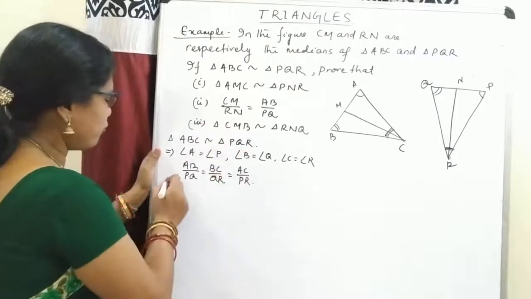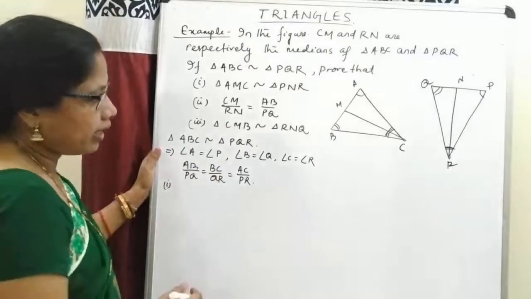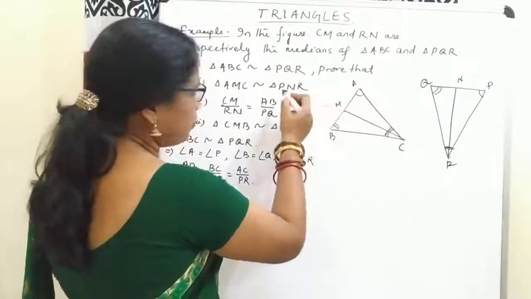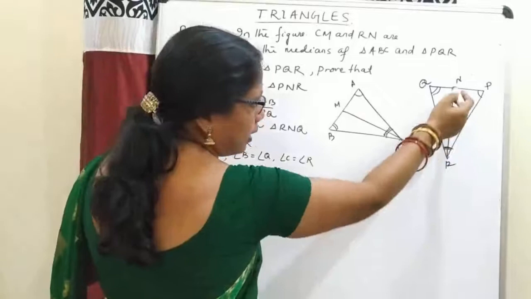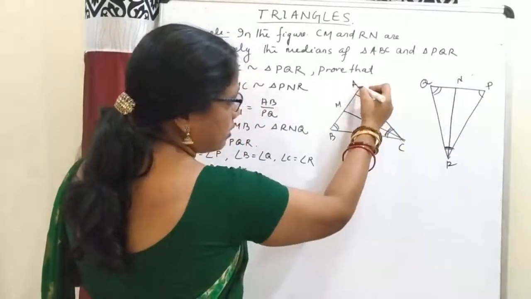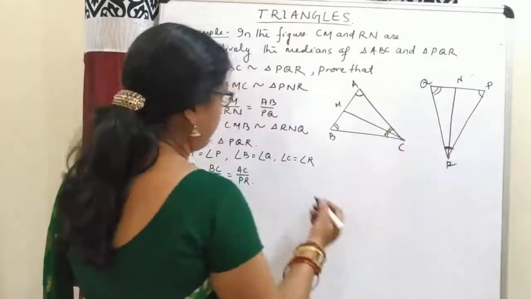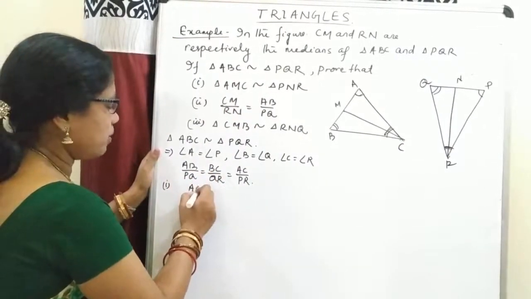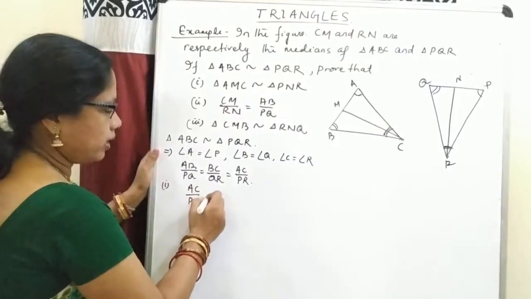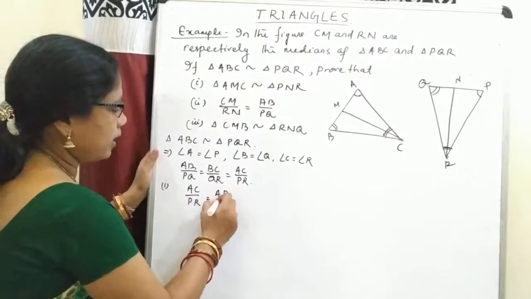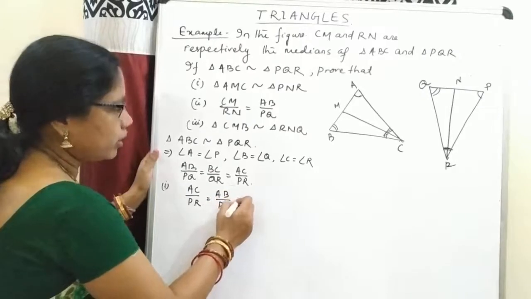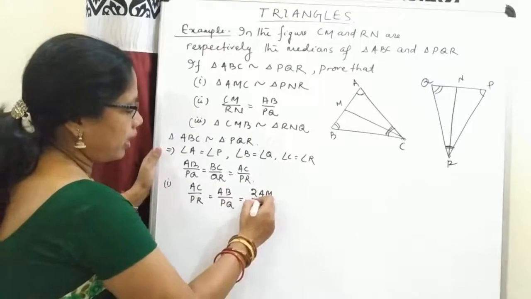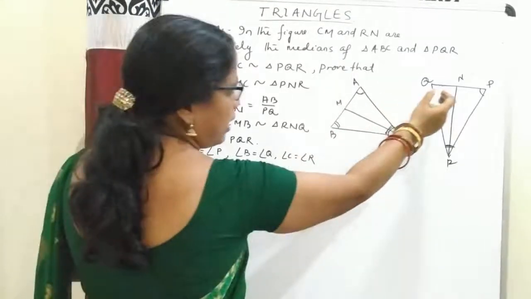To prove first that triangle AMC is similar to triangle PNR, one angle is given, that is angle A is equal to angle P. Here it is given that AC by PR is equal to AB by PQ. We can write AB as 2AM and PQ as 2PN.